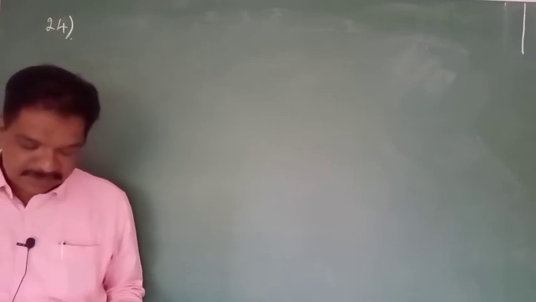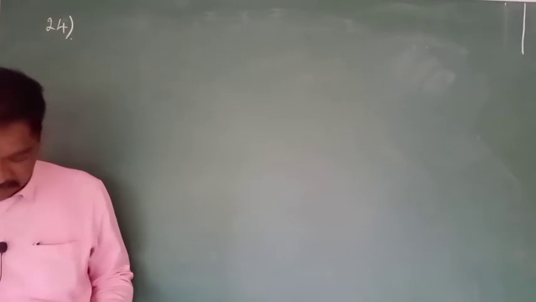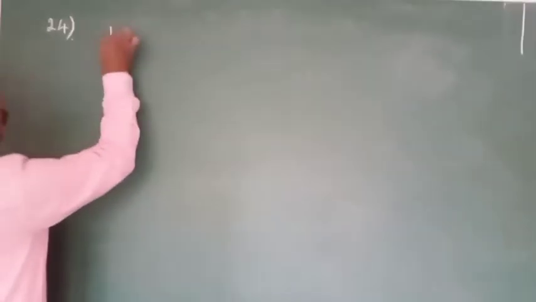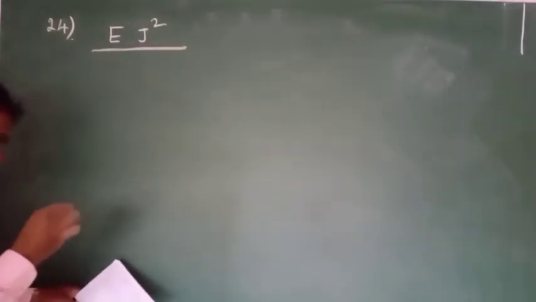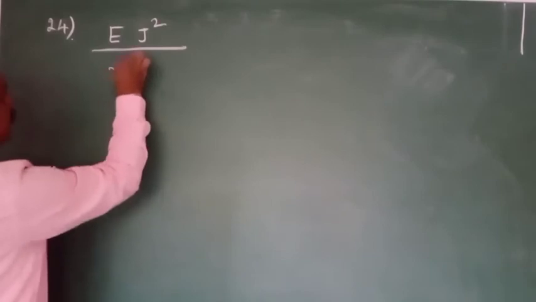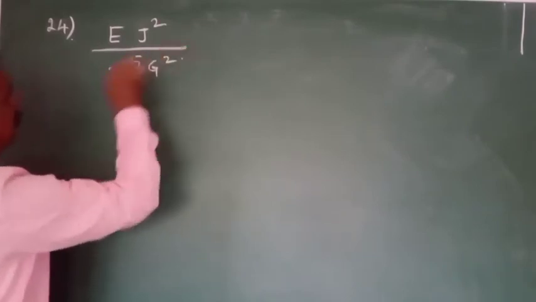Then what is the dimension of E J square divided by M power 5 G square?